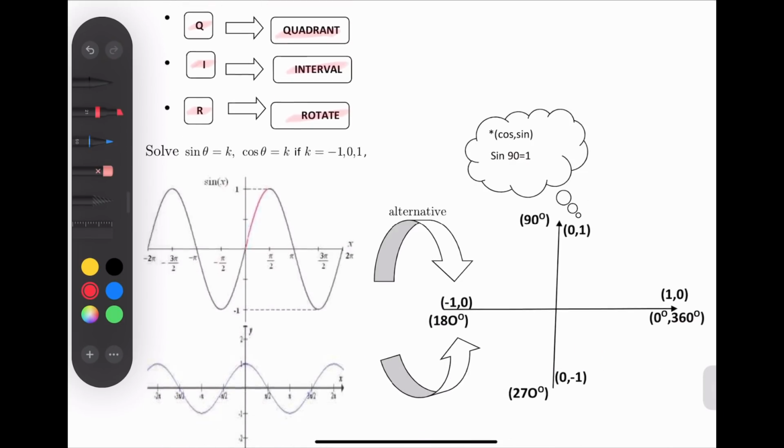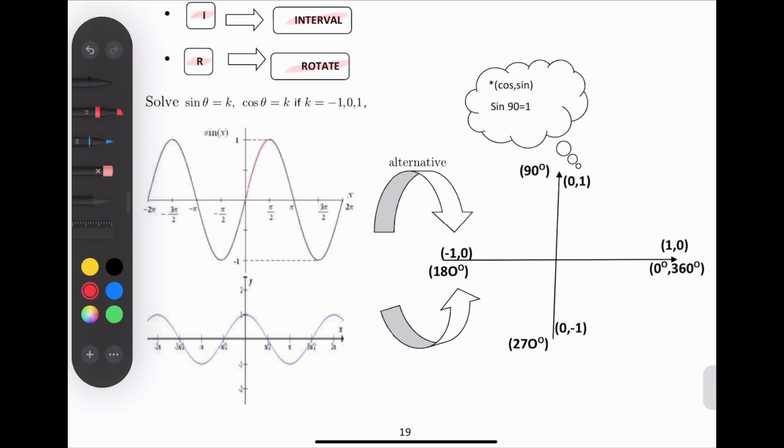We also have special angles that we can get by using graphs. For example, in order to solve sin theta equals k and cos theta equals k, if we have k values of negative 1, 0, and 1, you can take a look at the graph here.